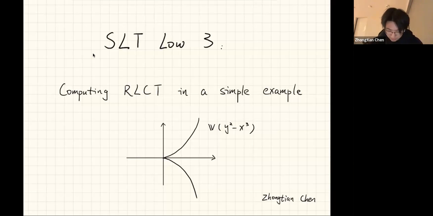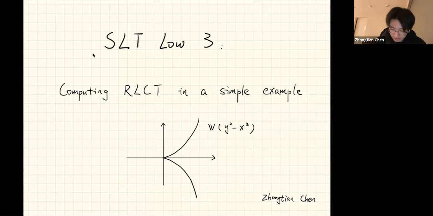Thank you, Dan. Okay, so in today's lecture, I'm going to give a very brief introduction to algebraic geometry. Since we are now convinced that singularities are very important in SLT, and the technology we use to deal with it is algebraic geometry, I will do this by computing RLCT in a very simple example, which is just this one.